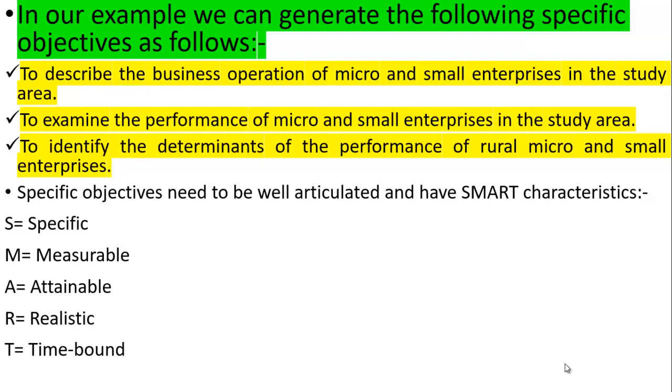And then finally, once we characterize it, once we describe the business operation of the enterprise, and once we have studied the performance, then we can study the relationship between the performance of the micro and small enterprises and associated factors.